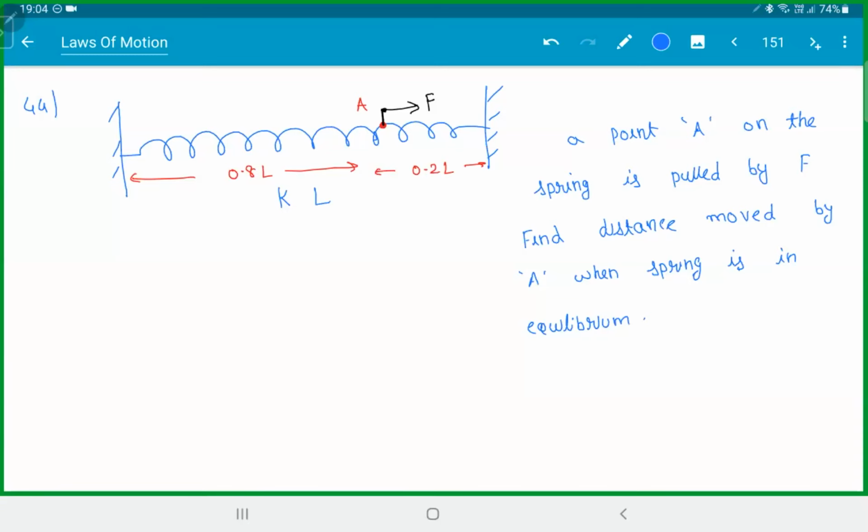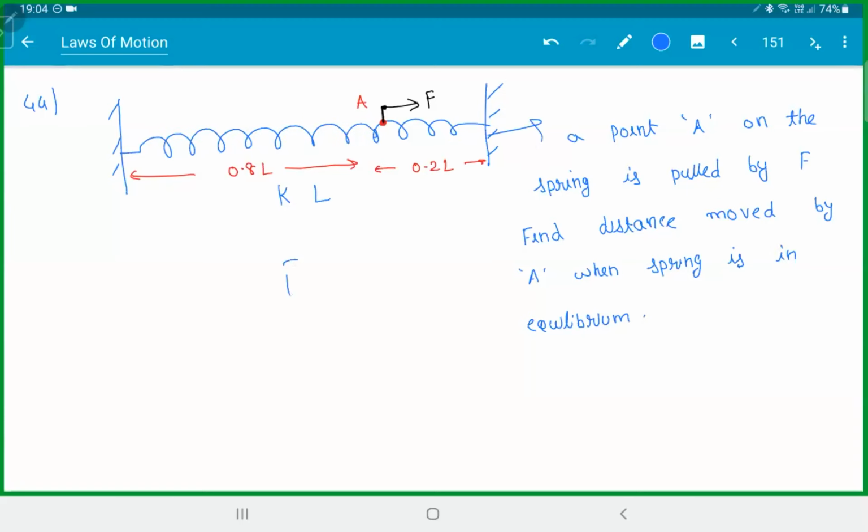How do you do this? If you pull on the edge, the story was easy. F is equal to K into X, question done. But I'm not pulling on the corner. I'm pulling somewhere in the center, at point A. Think.